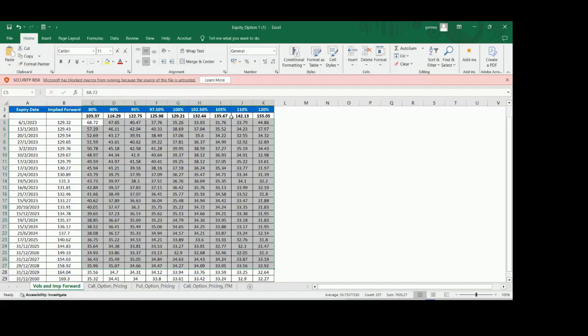We have been given the vol across different expiry dates, so the expiry date here, and then we have different strikes. For our trade the strike is 120 and our maturity is 30 June 23. So we can easily interpolate for our maturity and strike from this vol grid.